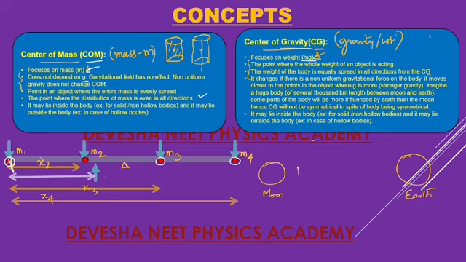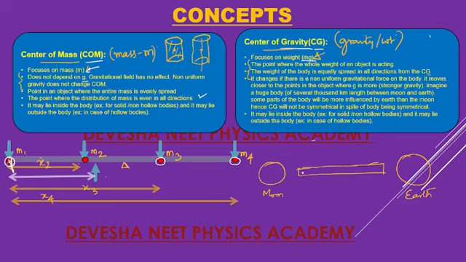Imagine we have a very big body like this, which almost reaches the surface of the moon on one side and the surface of the Earth on the other side. You must know that the gravitational force on Earth is much more than the gravitational force on the moon.